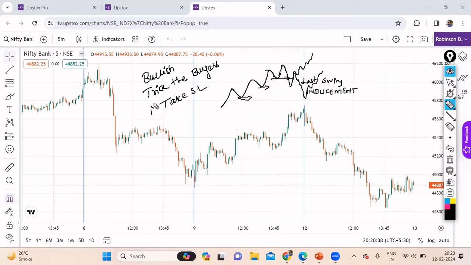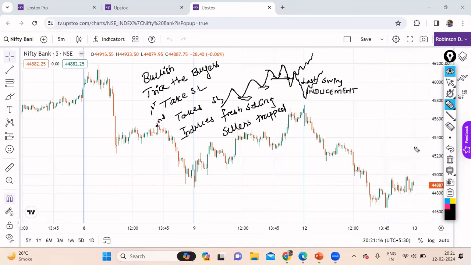In the second example, it takes the SL and also induces fresh selling, or gives an opportunity for the sellers to enter, and then they don't get a favorable target and the market reverses, and eventually the sellers are trapped. So I hope this particular point is clear.